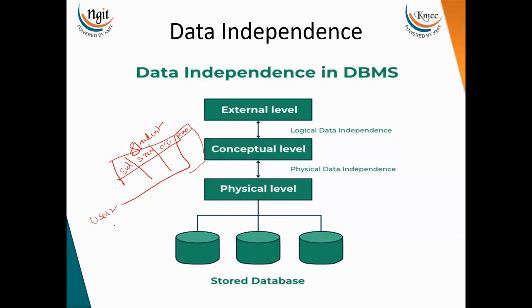Now user 2 who wants to access the data, if user 2 had been shown only SID, that is student ID, student name, and age earlier, then he still will be able to see only these three columns.